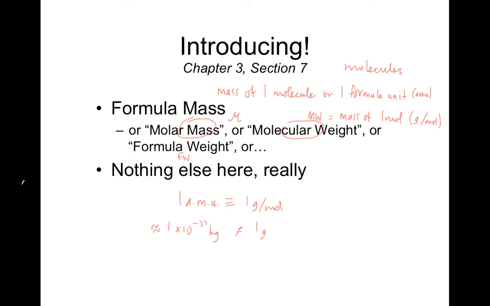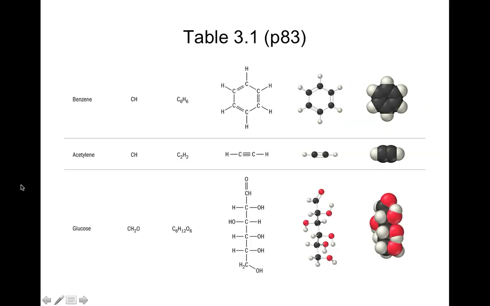I think those will make much more sense if we look at some examples. Okay, so first of all, remember that when we're dealing with a molecule of something, this is a table from page 83. We're dealing with this many atoms, not this, right? That's the empirical formula. So if I said benzene, you'd have to know that benzene was C6H6.